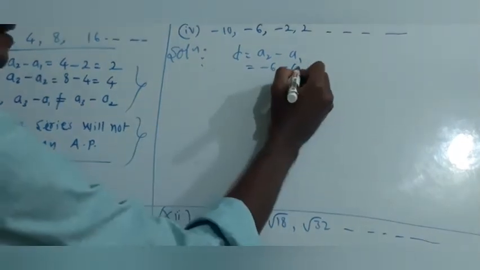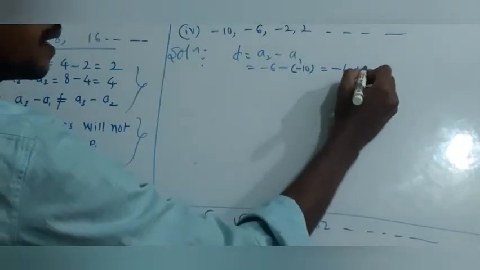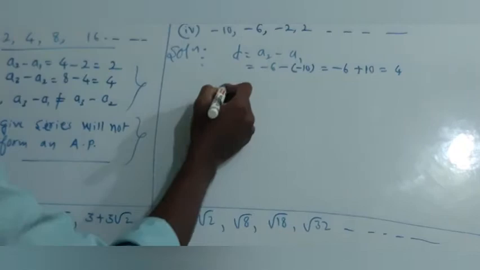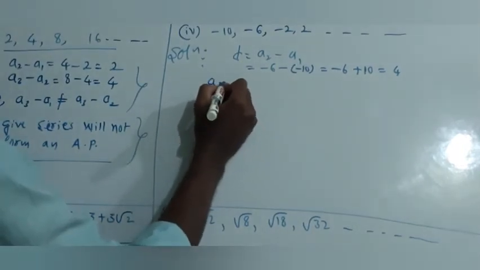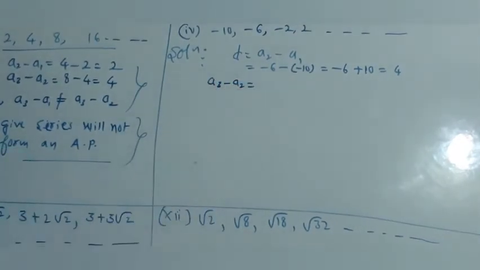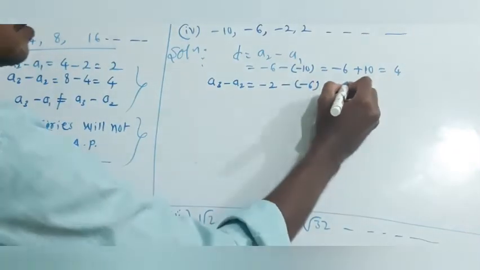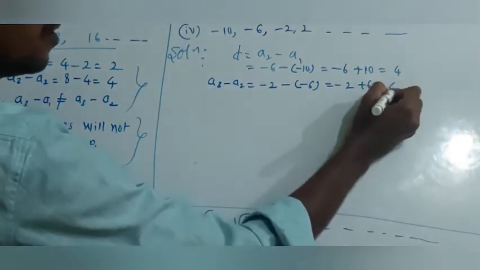Minus 6 minus of minus 10, minus into minus plus, 10, which is equal to 4. Next. A3 minus A2 is equal to, what is A3 here? Minus 2. What is A2 here? Minus of minus 6. Minus 2 plus 6, which is equal to 4.